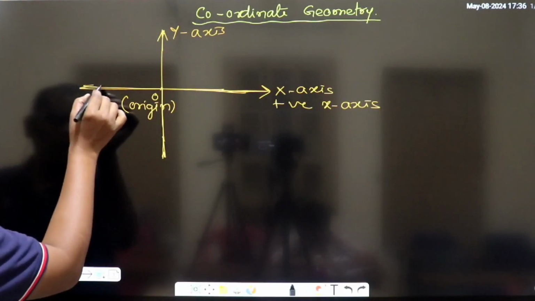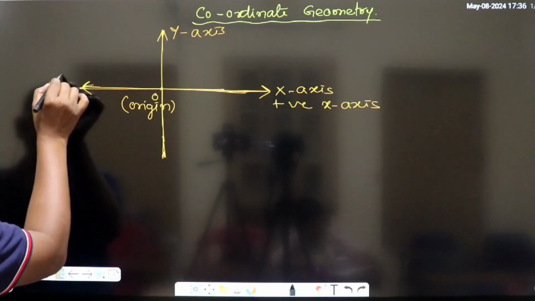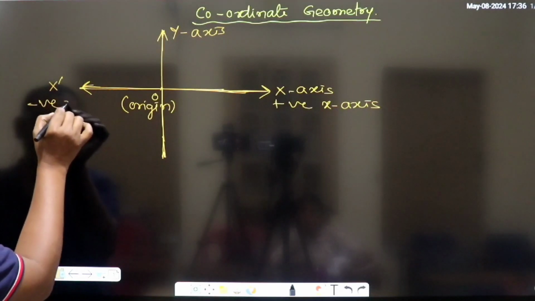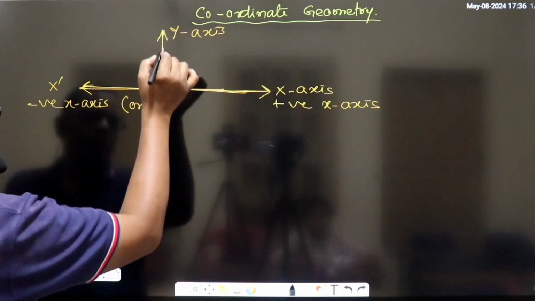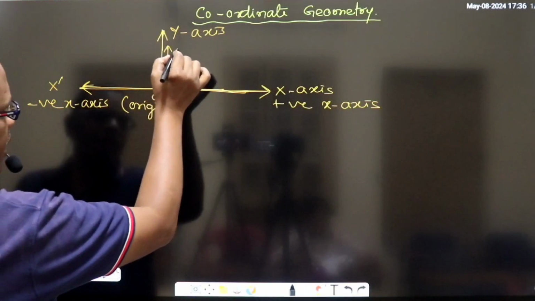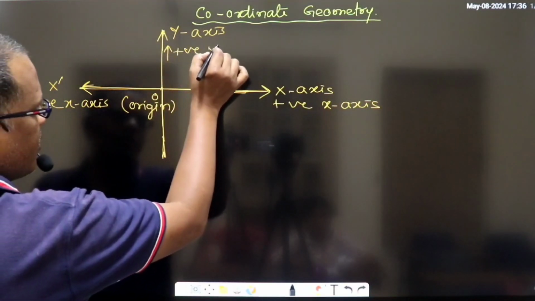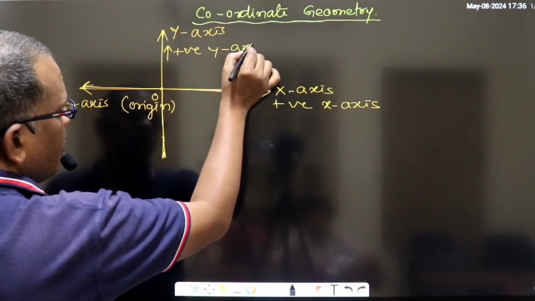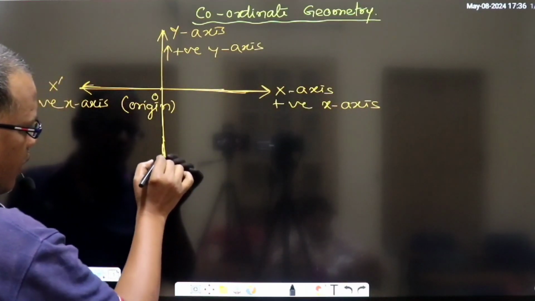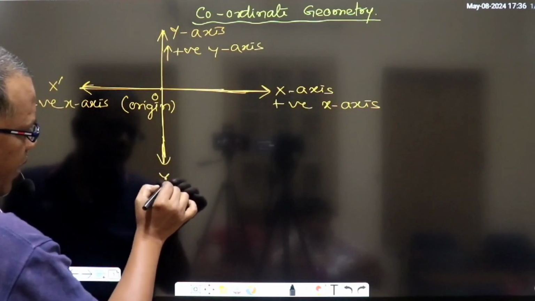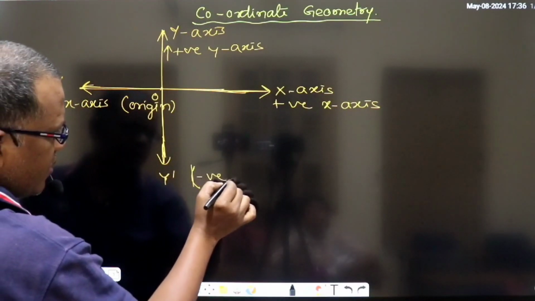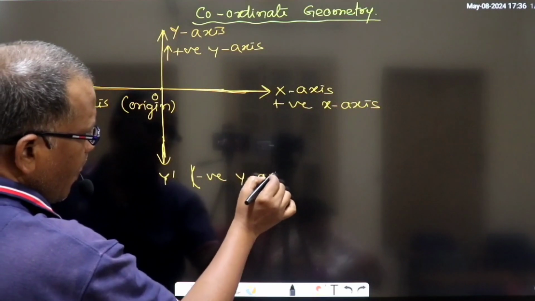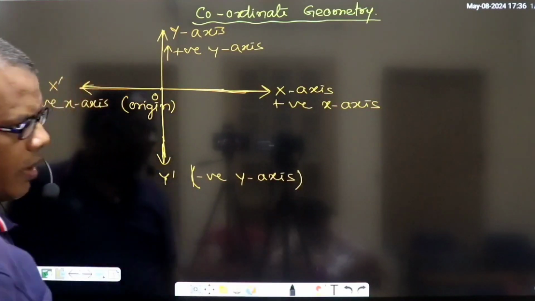From origin to the left, it is called x dash, meaning negative x-axis. Upward is called positive y-axis. And vertically downward is y dash, called negative y-axis. Is that clear?